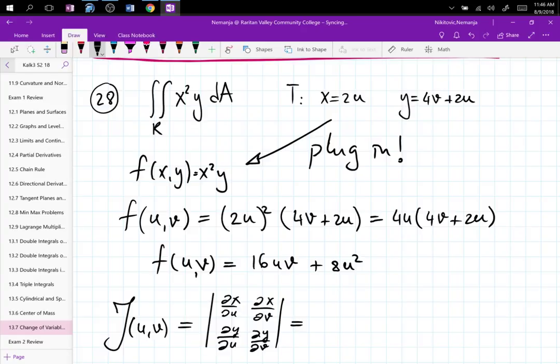Yes. For u squared. What? So 4 times 4 is 16, and then 4 times 2. 2u squared. 2u squared times 4u is x squared. The u is squared.